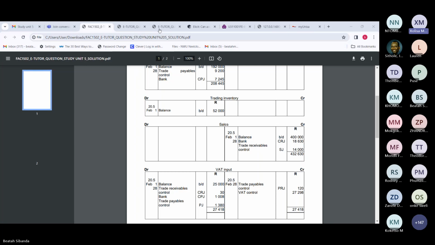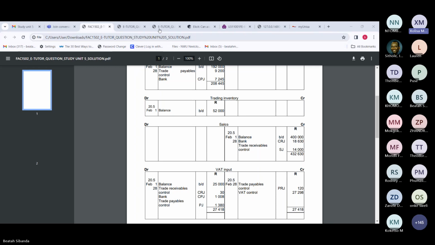And then we have VAT input of 1,008, and that's from our cash payments journal. Right? Everyone happy with that? And then we also have VAT from our credit purchases, right? Of 1380, which is why the account name that we use is Trade Payables Control.